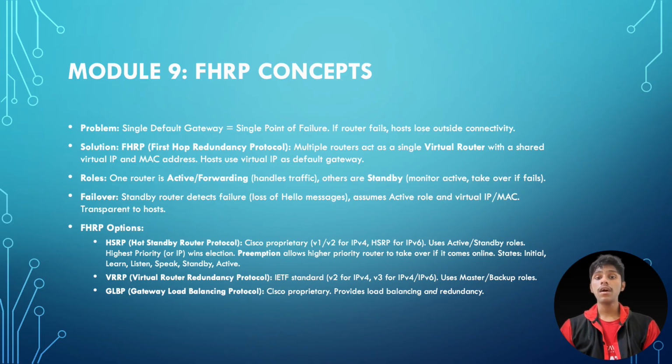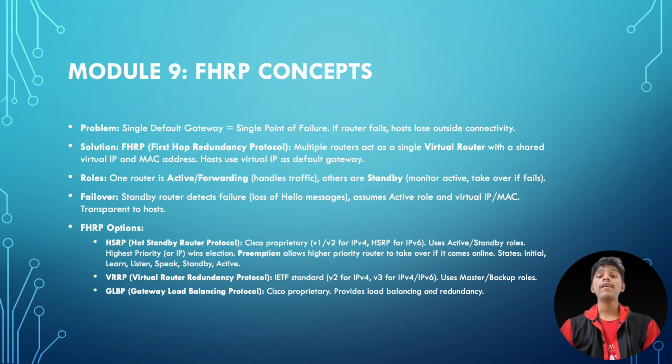Inside the group, one router is active or forwarding, handling the traffic while the others are standby. If the active router fails, the standby router automatically takes over the virtual IP and MAC, becoming the new active router. This failover is seamless for the end devices.